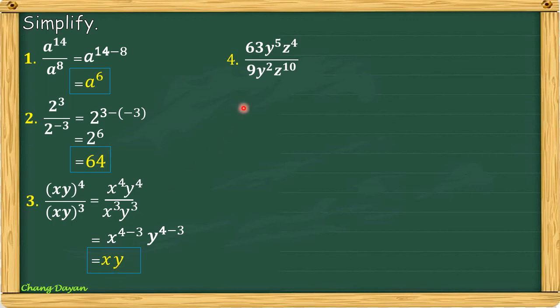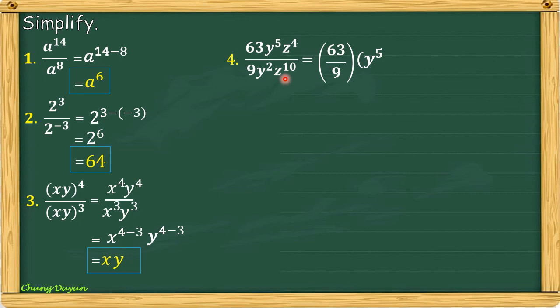Next, we'll have here 63 y raised to the 5th power z raised to the 4th power all over 9 y squared z raised to the 10th power. So, unang gagawin, i-divide ang numerical coefficient.